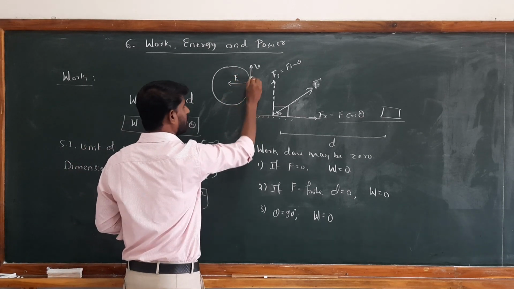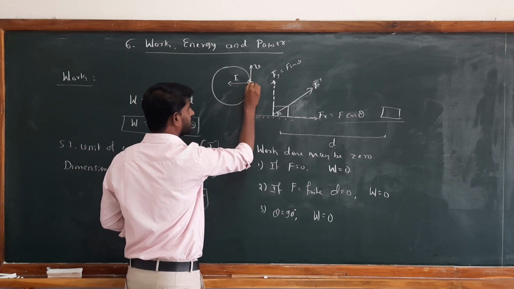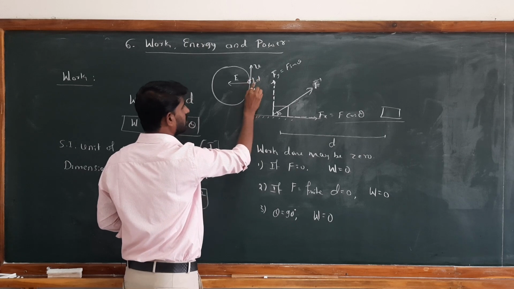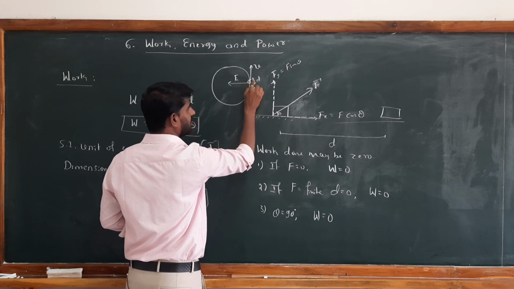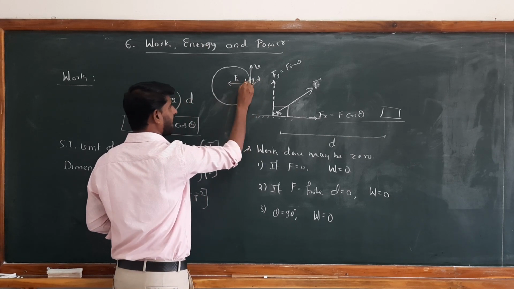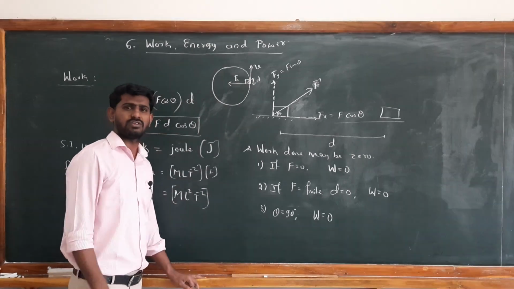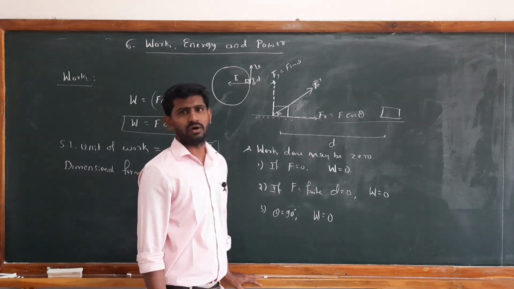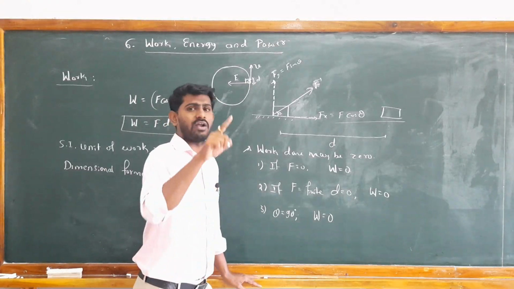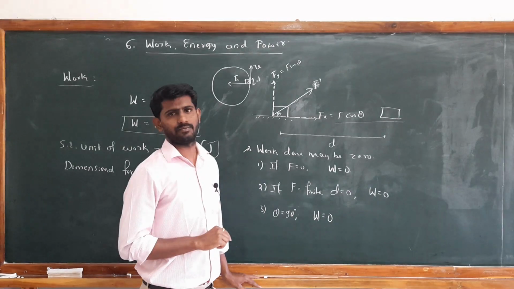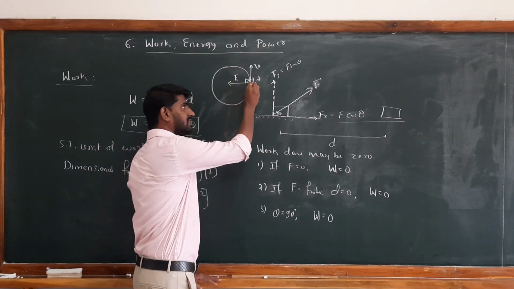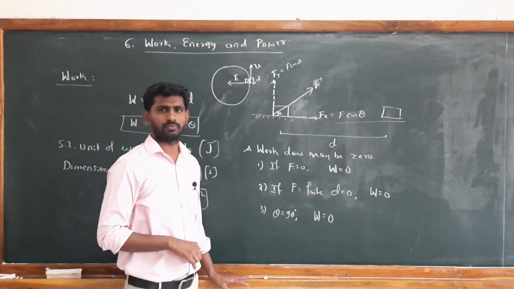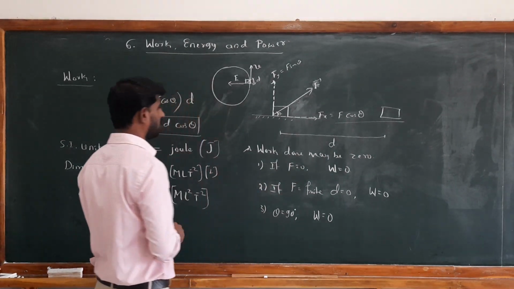If I take a particular section, its displacement is like this, and the force is here. The angle between these two is 90 degrees. So that's why I say the work done by the centripetal force on a body is always 0. There is a force value, there is a displacement value, but the work done is equal to 0 in such cases. So that is about the 0 work done.